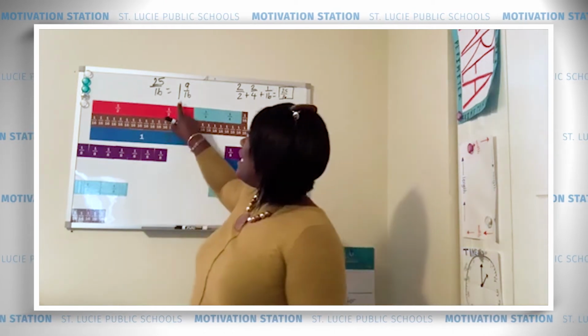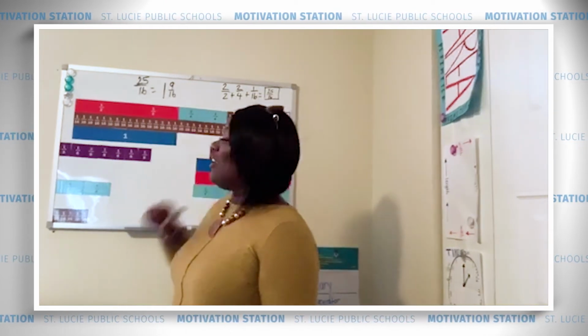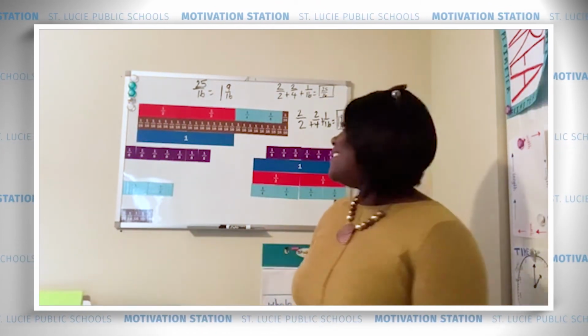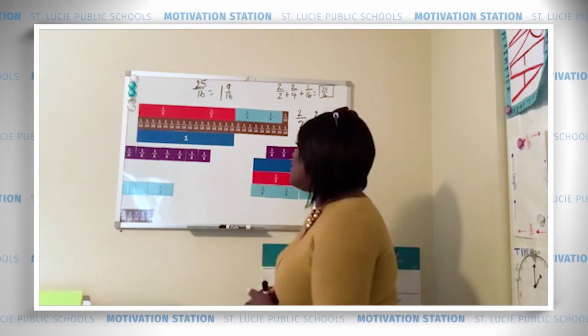Here's a trick question. Well, it's not really a trick question. It's more like a trivia question. How many 16ths are equal to that 1/2? 16/16. I knew you were paying attention.